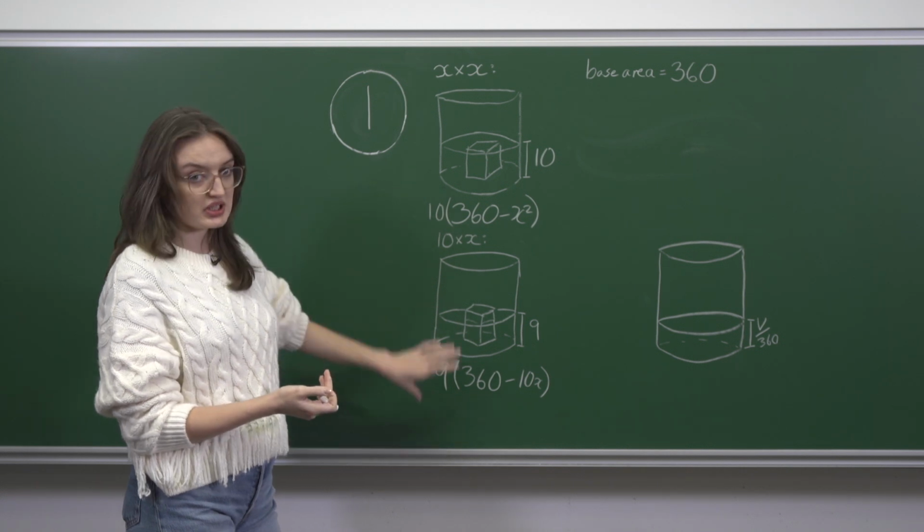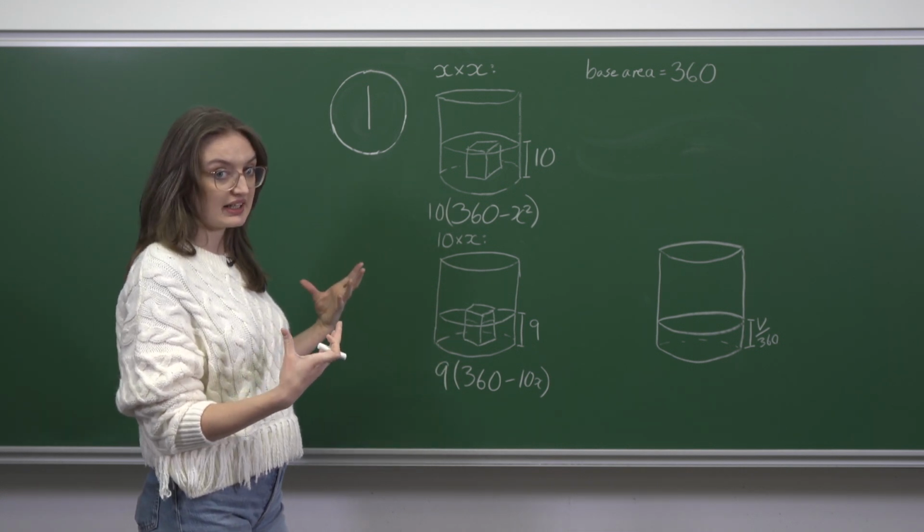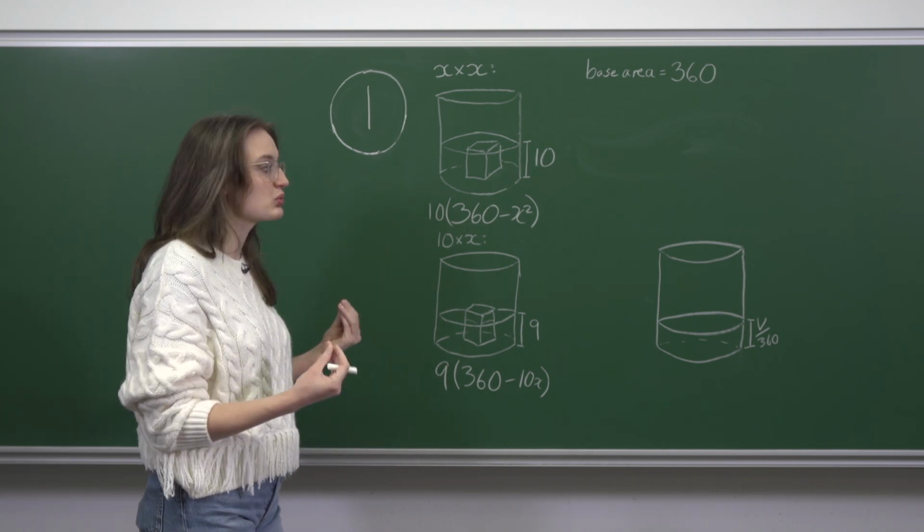We now have two expressions for the volume. The amount of water in the tank hasn't changed between these two configurations, so we can set these expressions equal to each other.